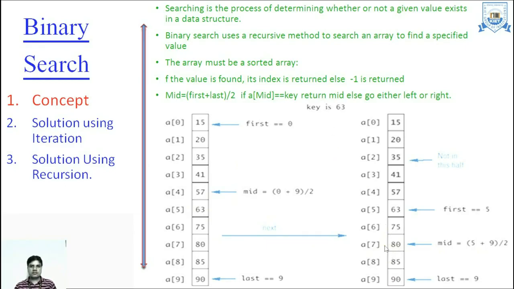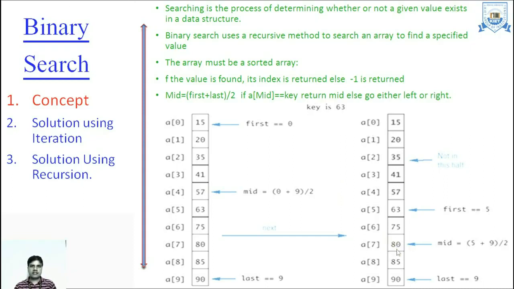So now for this first and last value, mid is calculated again, and that mid value comes out to be 7. At that 7, again we check the value of key 63, whether it is less or greater. If we see this example, 63 is less, so that condition gives the direction in which we want to move, either the first half or the second half.